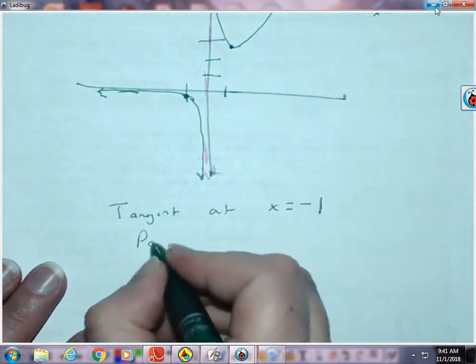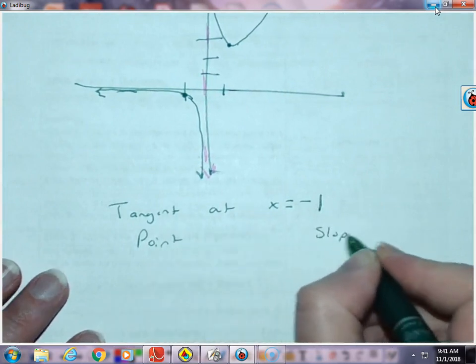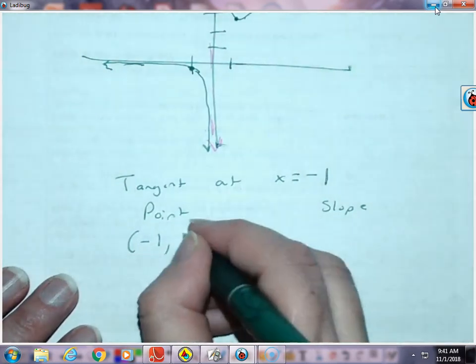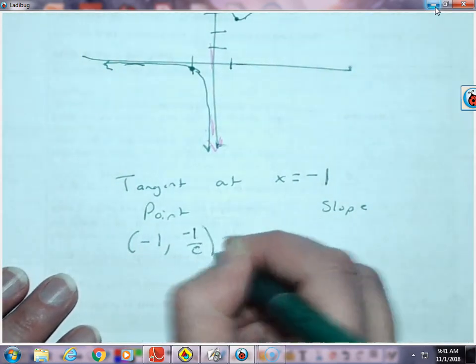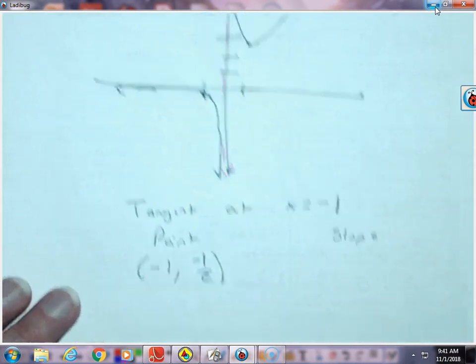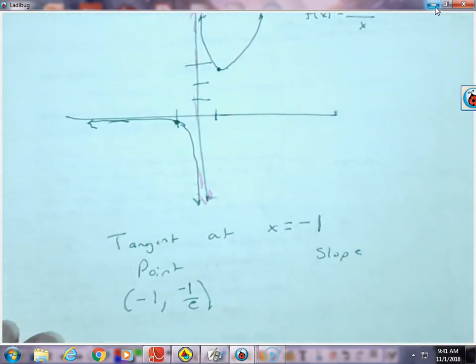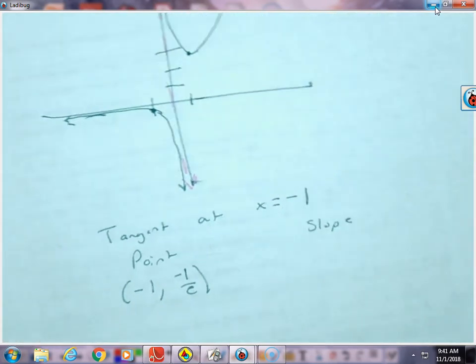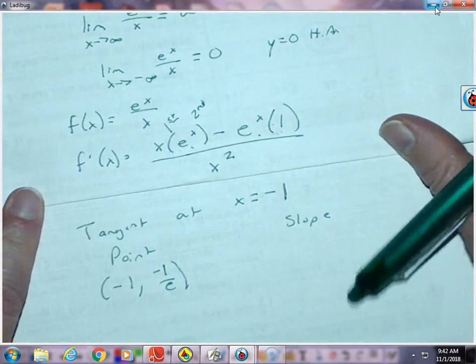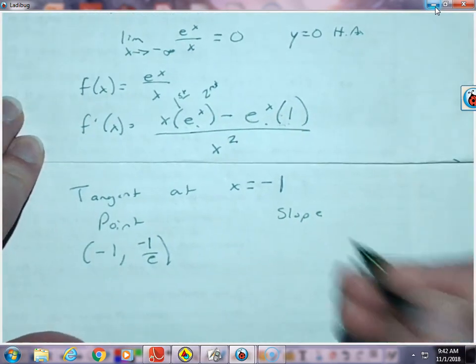We need a point and a slope, and frankly, we already did that. We did it just because I needed it to graph it. We got -1 over e here, and the derivative we have, but we didn't find it at -1. So I'm going to have to show the derivative, which is right here, and I'm going to have to plug in -1.